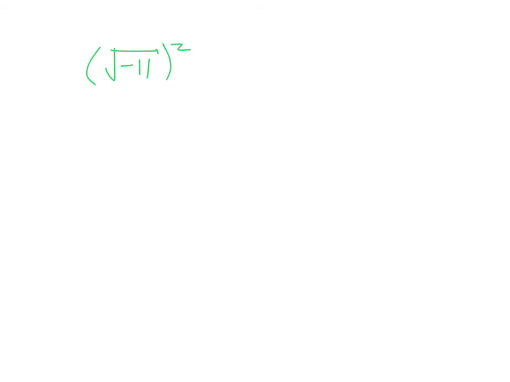Okay, so if you say that this answer is -11, then you're missing the cardinal rule of imaginary numbers. Actually, that's not true. You will get to the right answer, but I don't think you're doing it right. This one actually works out just fine, but what do you need to make sure you do first? You need to make sure that you do this first because that's going to come back and get you eventually.